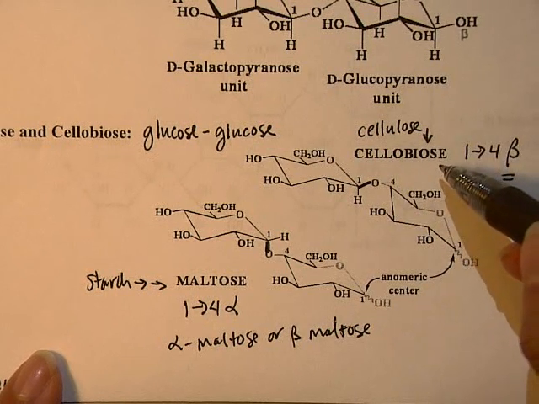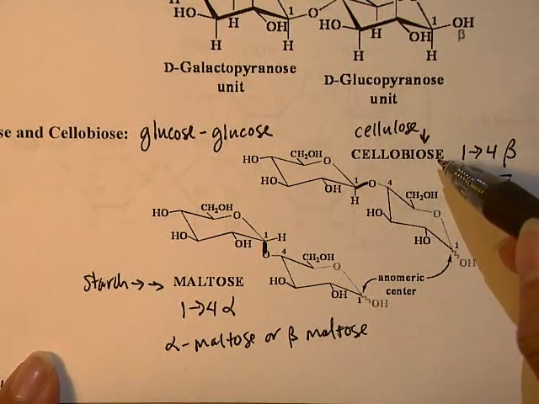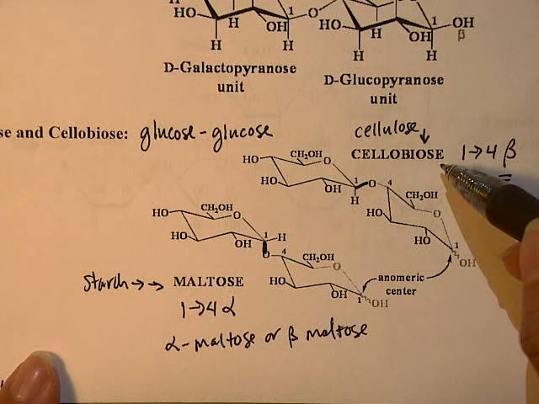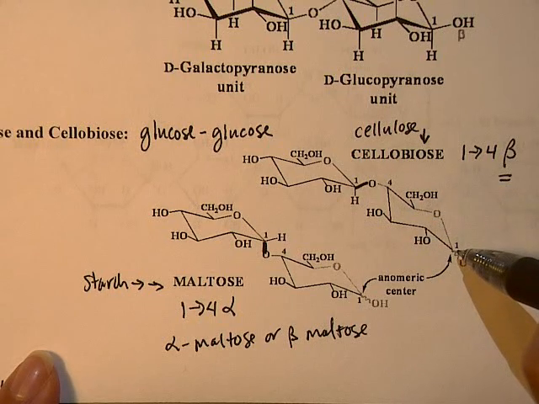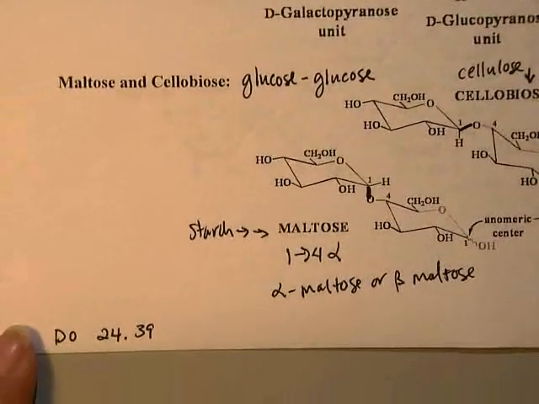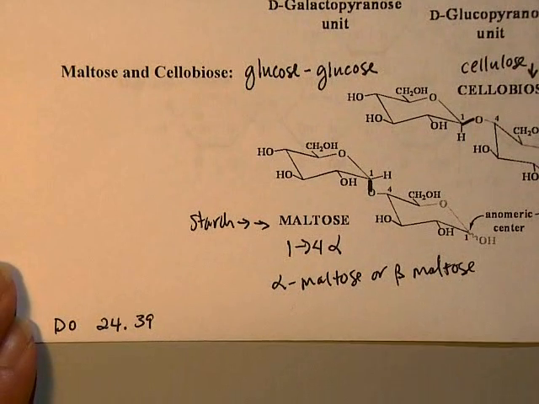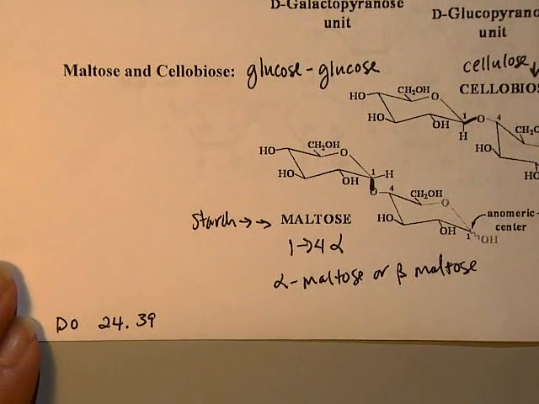Same thing with cellobiose. You have alpha cellobiose and beta cellobiose in equilibrium with the opened up form of this disaccharide. All right. So after we finish the lactose and sucrose in the next lecture, you should be able to do 24.39.